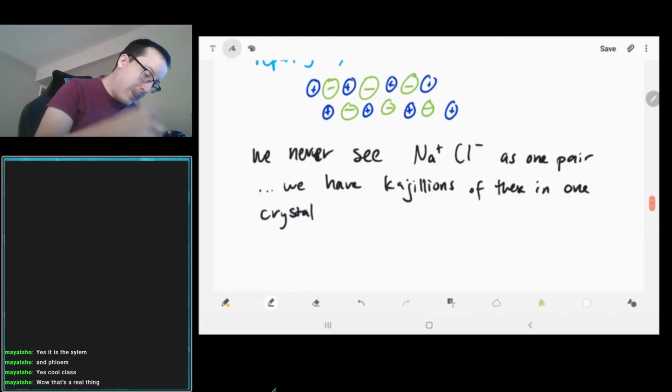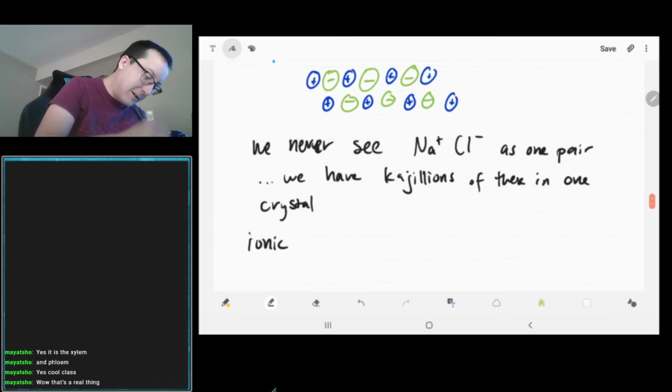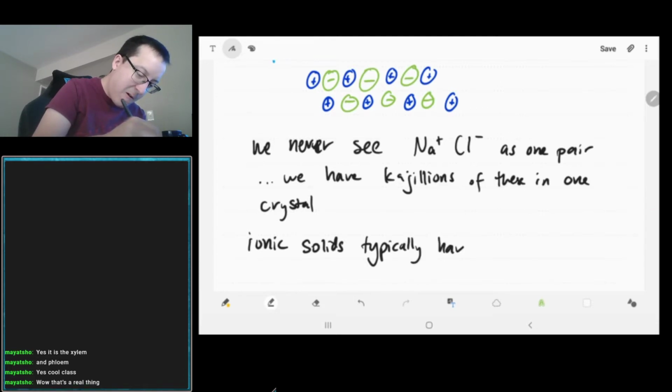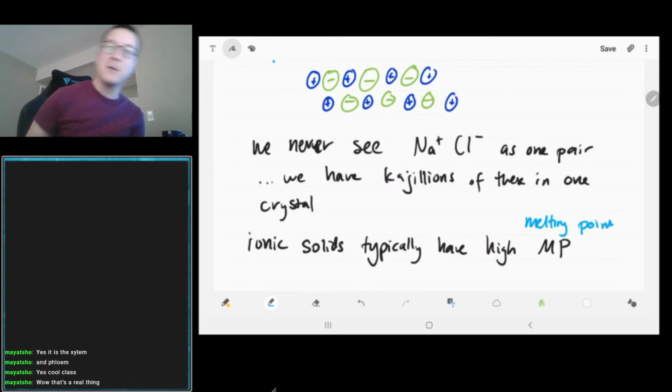Ionic solids typically have high melting point. I guess I should write that out. That's the temperature at which they melt, of course.